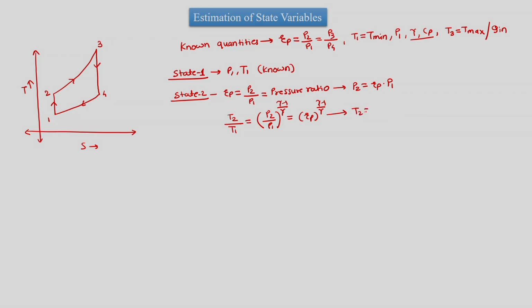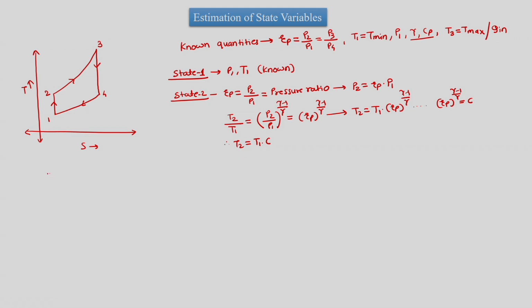It leads to T2 is equal to T1 into (Rp) raised to gamma minus 1 upon gamma. We are going to state Rp raised to gamma minus 1 upon gamma as C. So we have T2 is equal to T1 into C, since this is a constant.